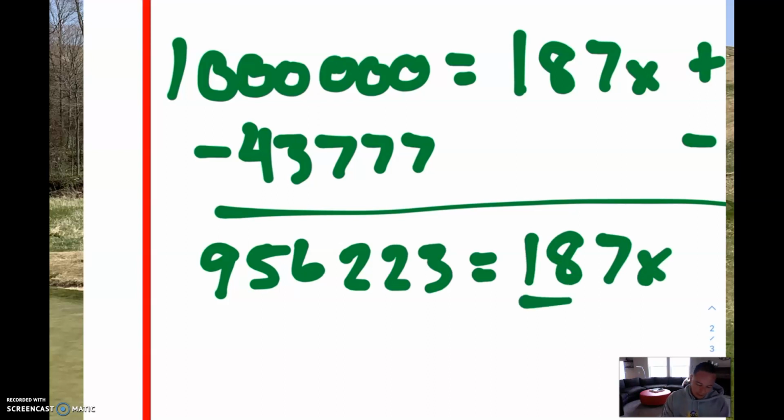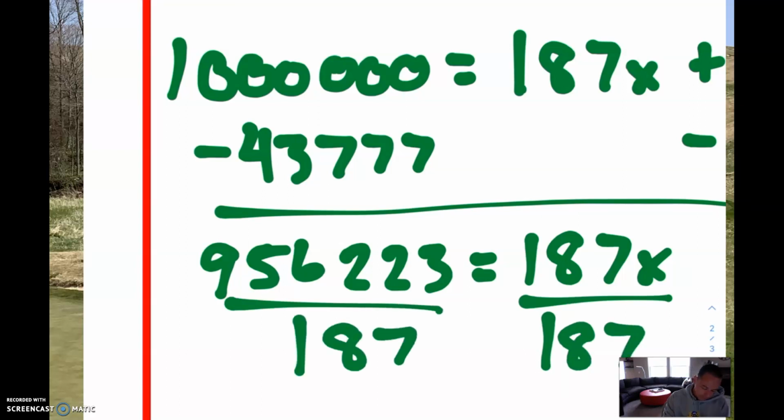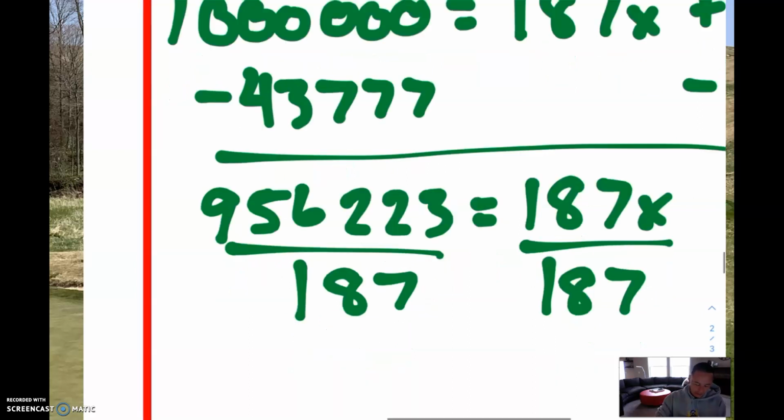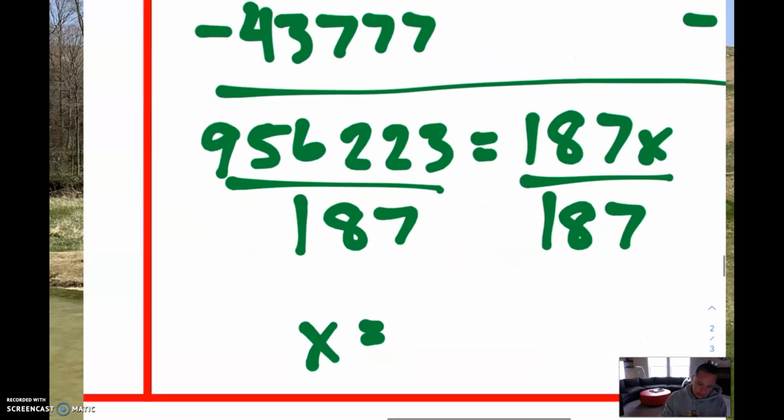Then to solve, we can divide by 187. If we take that number and divide it by 187, we get x equals 5,113. I'm going to leave it at that.